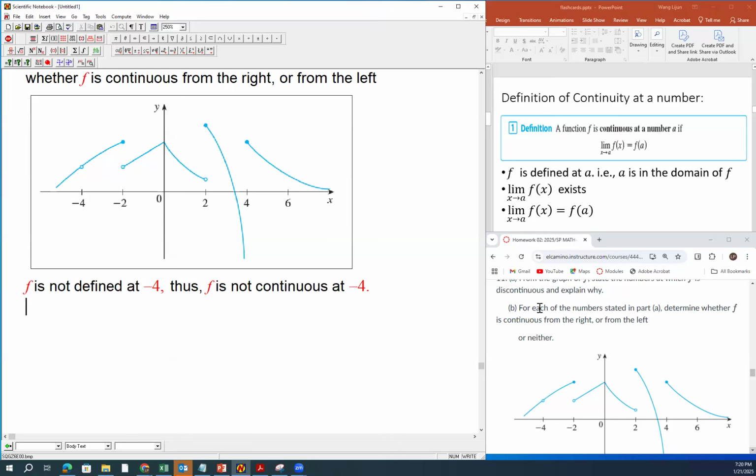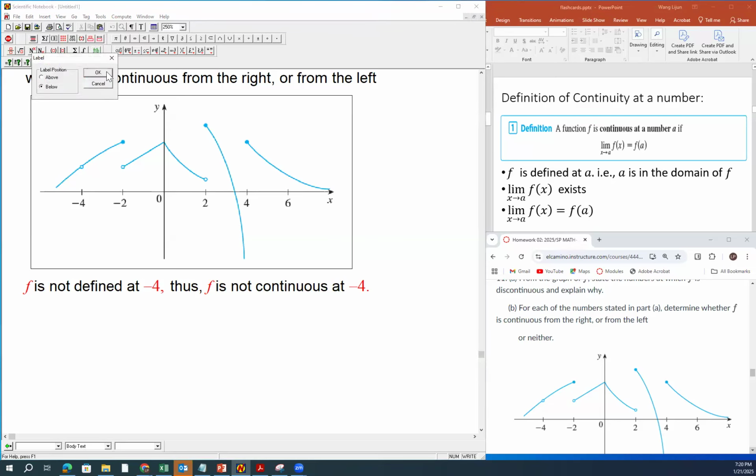And what else? The limit. Does the limit exist? We look at the limit from the left and the limit from the right. We're going to make the statement using the limit definition.